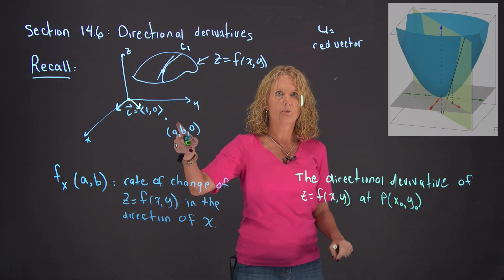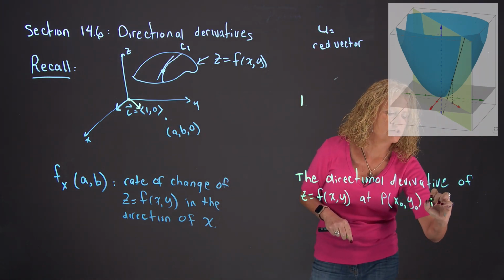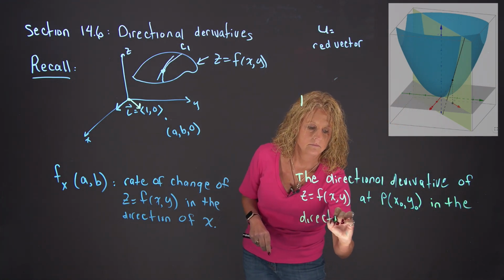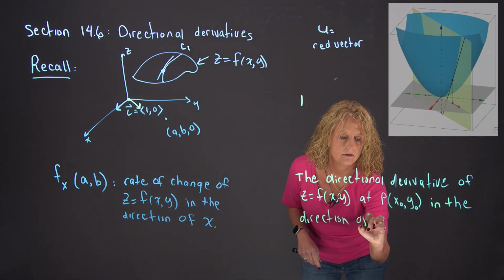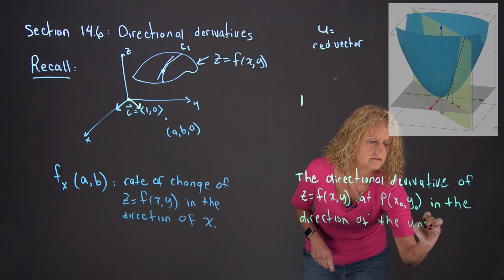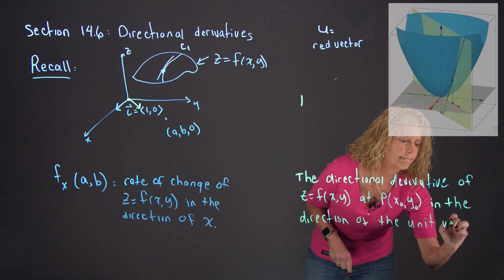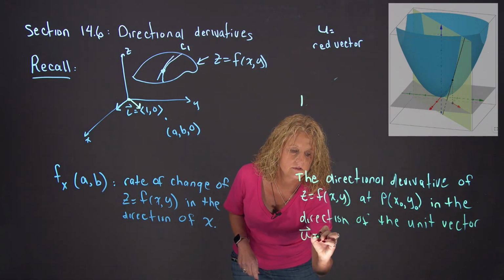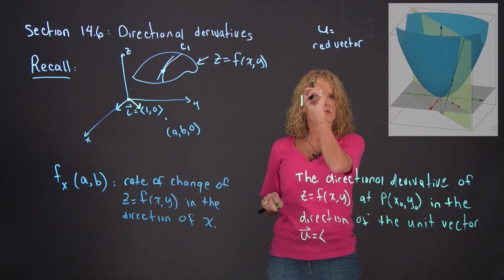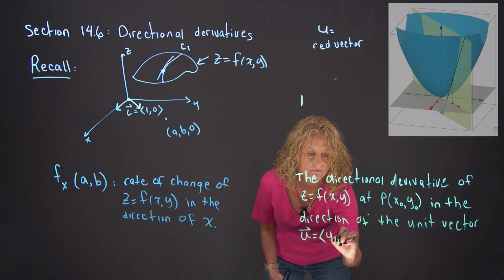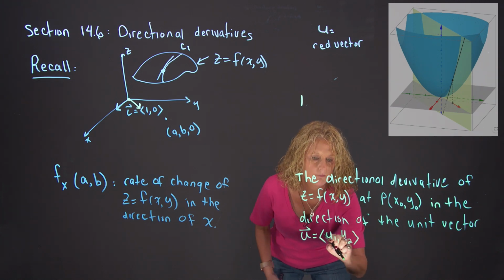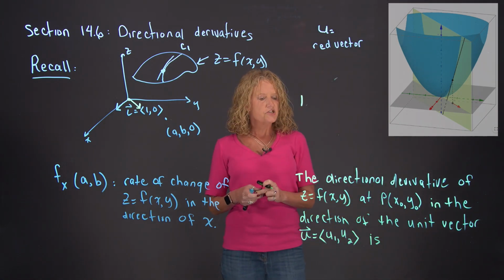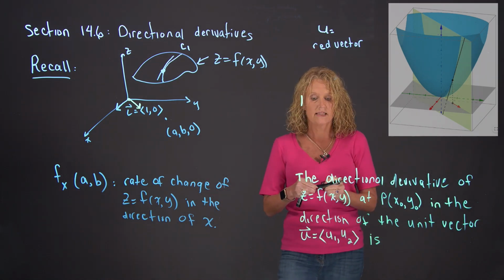So in this illustration, your point would be a, b, 0, in the direction of the unit vector. So it's got to be unit. u equals, I don't want to use a, b because I've already used those letters, so I'm just going to call it u1, u2. Probably in future problems I'll default to a, b. The notation is a bit awkward, but the computation is not that bad.